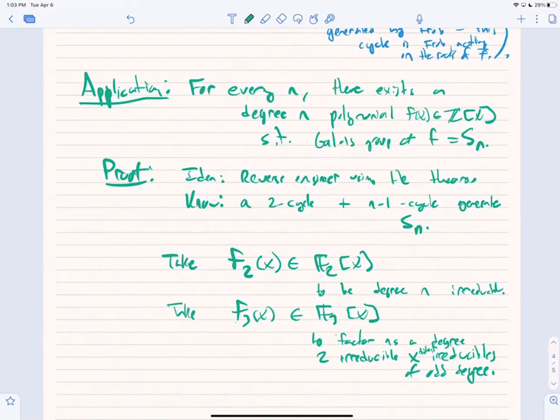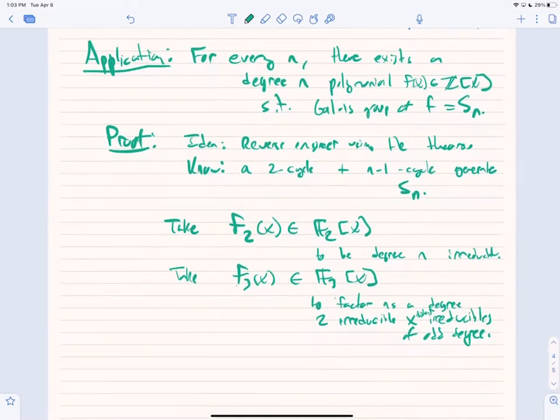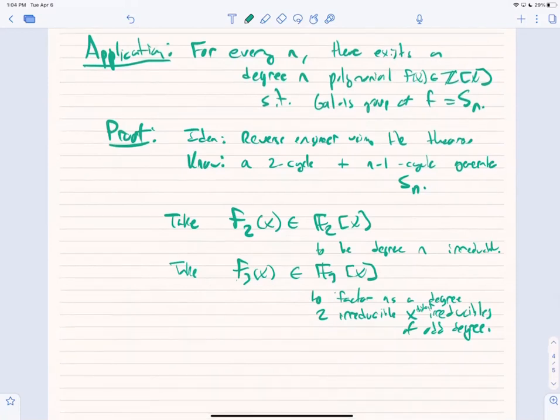Okay, and then if n is odd, I can take a degree n-2 irreducible, or if n is even, I can take a degree n-1 irreducible and a degree 1 irreducible. We know from the Galois theory of finite fields that for every finite field there exists an irreducible polynomial of every degree, just because there exists a degree n extension of every degree.